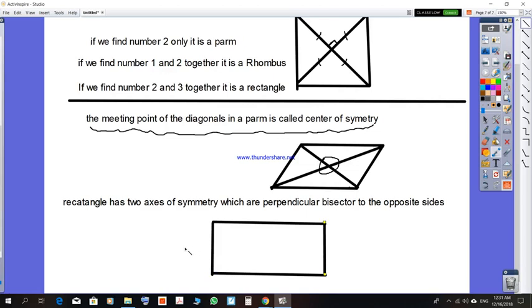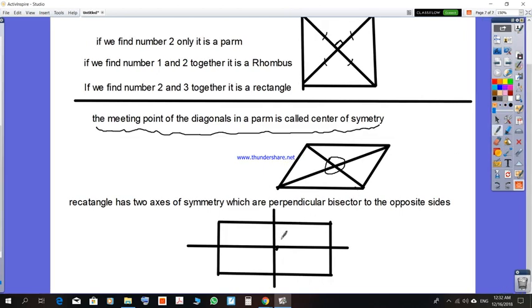We take the middle point here. This is the axis of symmetry. This is the first one, which is perpendicular bisector to the opposite sides, and the other one is also a perpendicular bisector to the opposite sides. These axes of symmetry are perpendicular to each other.